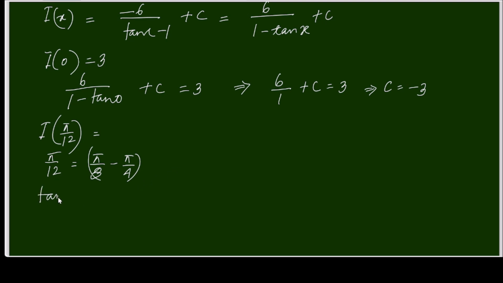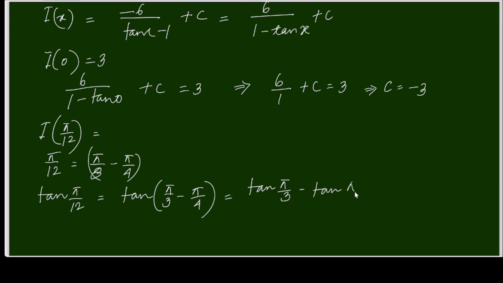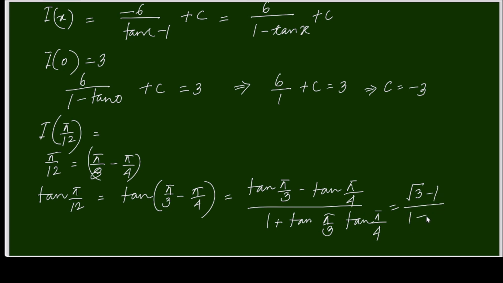So tan pi by 12 equals (tan pi by 3 minus tan pi by 4) over (1 plus tan pi by 3 into tan pi by 4). Tan pi by 4 is 1, we know. So this is equal to (root 3 minus 1) by (1 plus root 3).